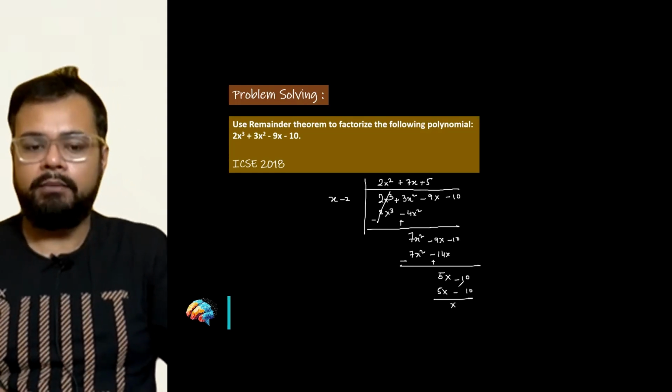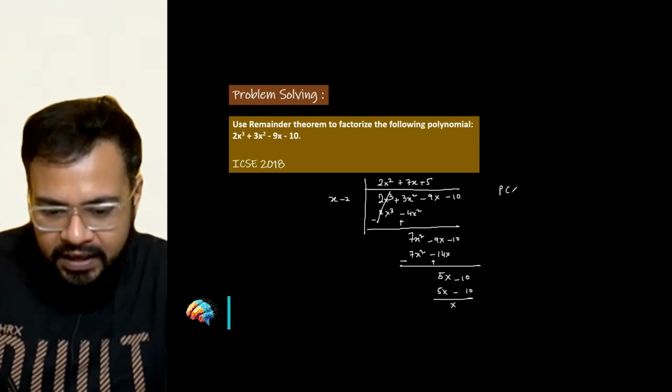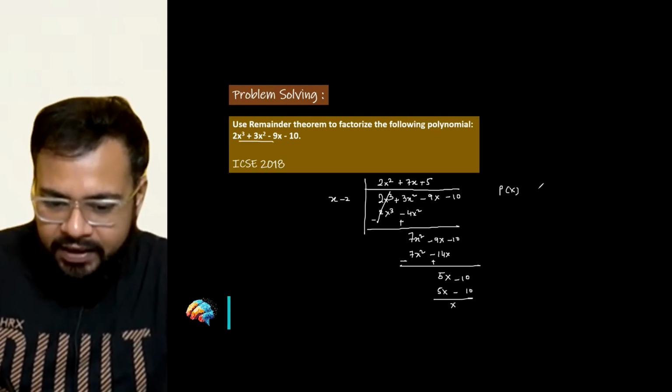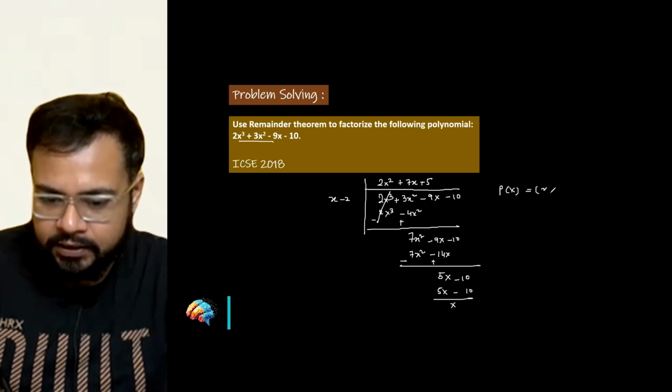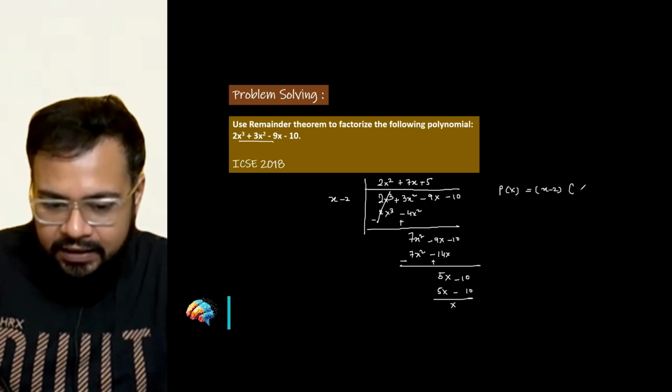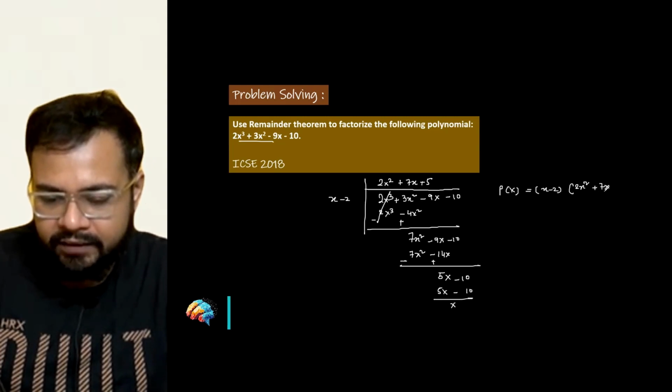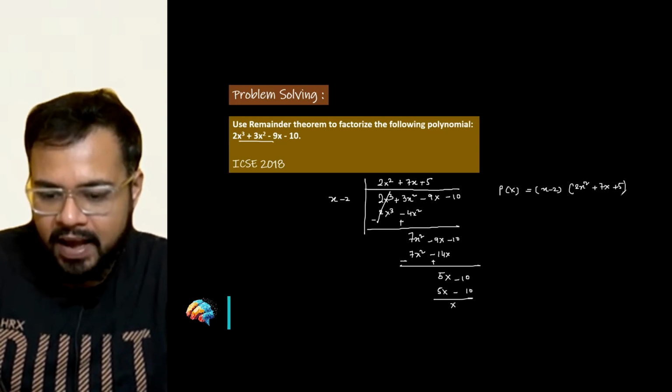This will be completely subtracted. So the other factor is 2x square plus 7x plus 5. So this polynomial can be written with one factor x minus 2, and the other factor must be 2x square plus 7x plus 5.